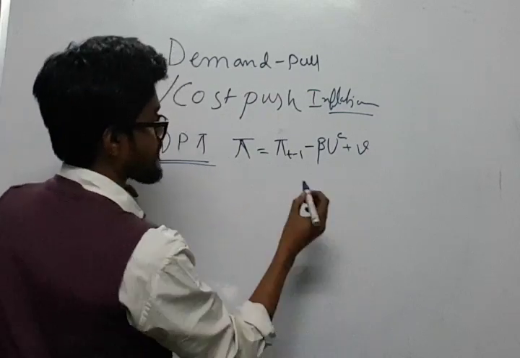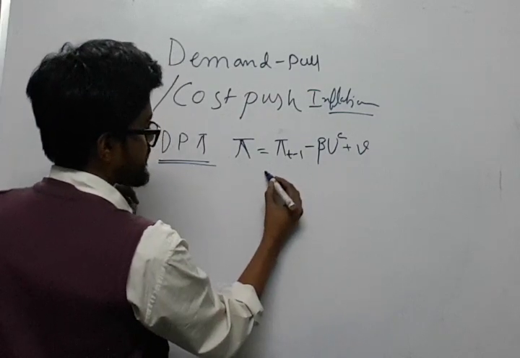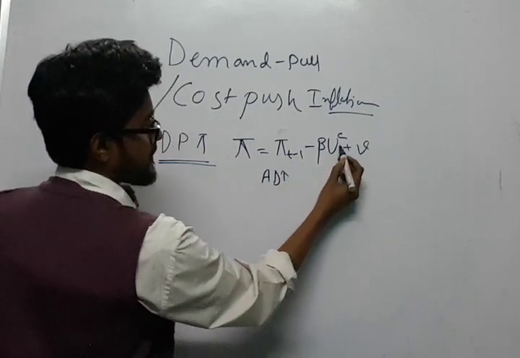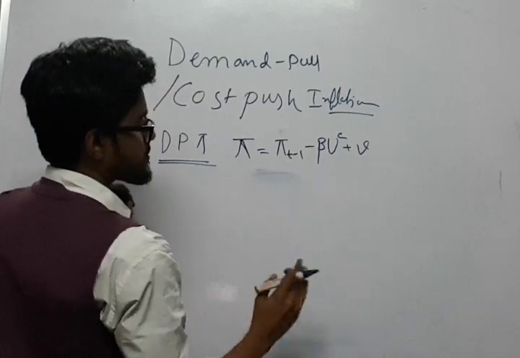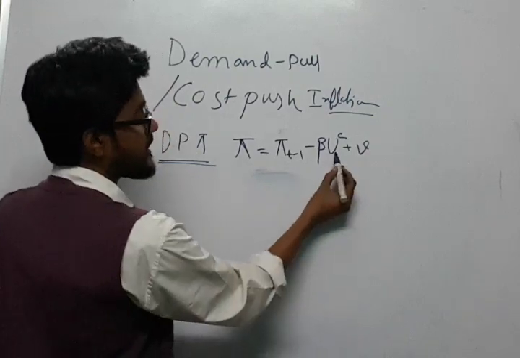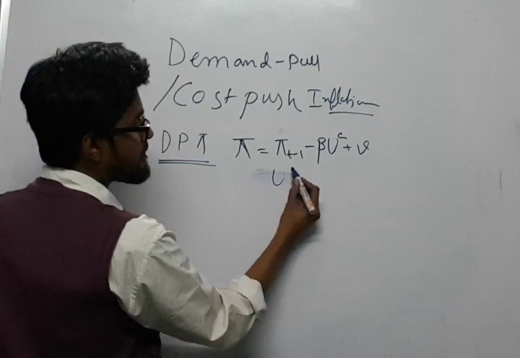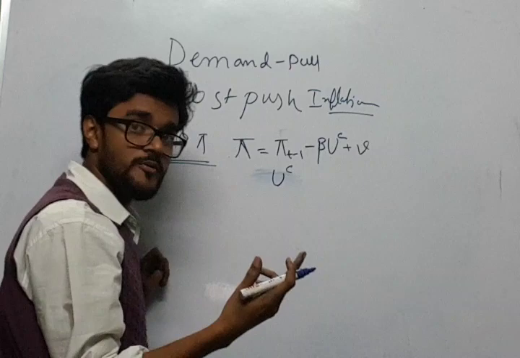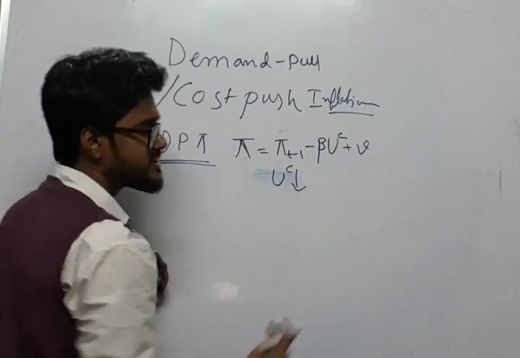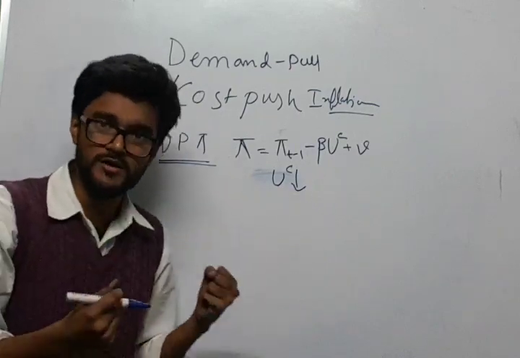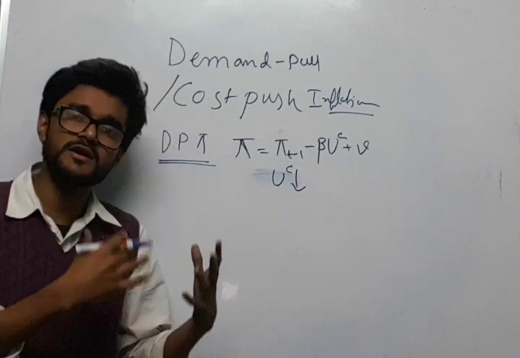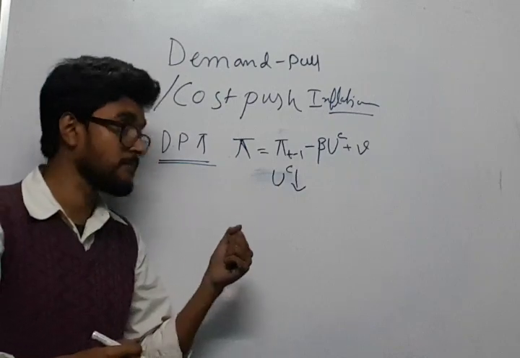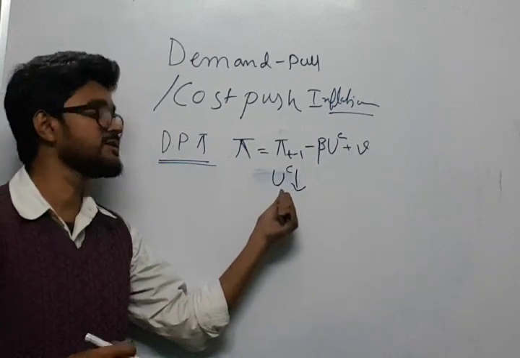Suppose the unemployment rate, that is UC, the cyclical unemployment rate, has fallen. Which means people are more employed. So when people are more employed, they will have more income. When they have more income, obviously they will demand more.